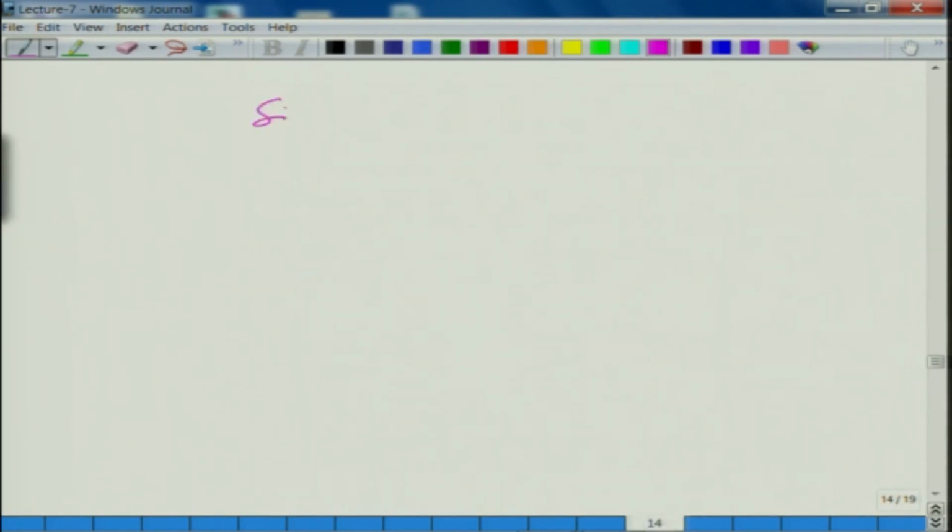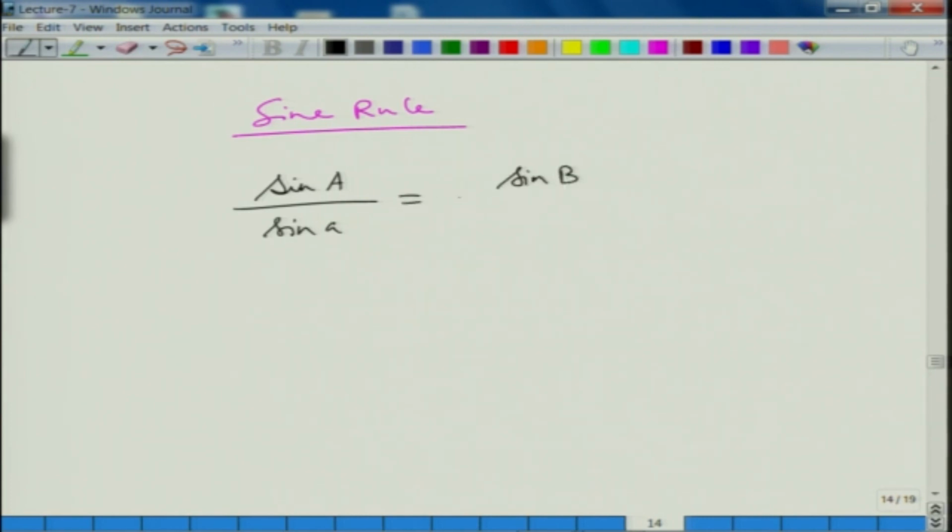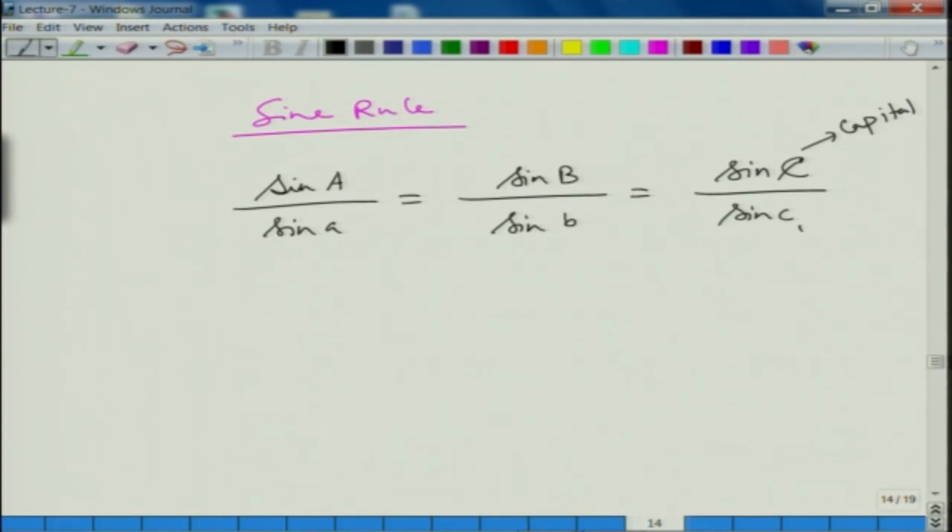Next one is the sine rule. Okay. So, what is that sine rule? The sine rule is sin A divided by sin a equals sin B divided by sin b, and similarly that will be equal to sin C divided by sin c. Okay. So, just to remind, this is capital and this is small.